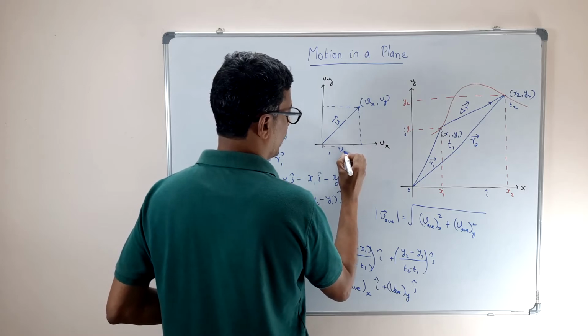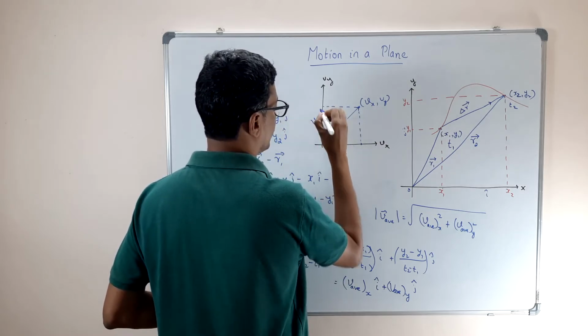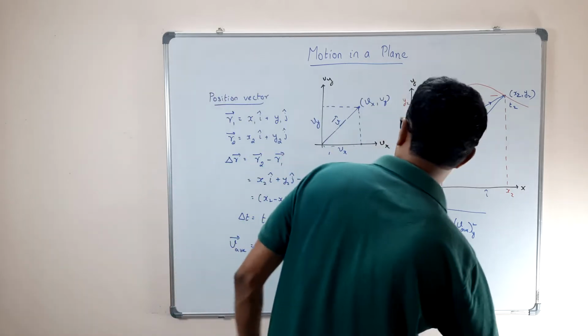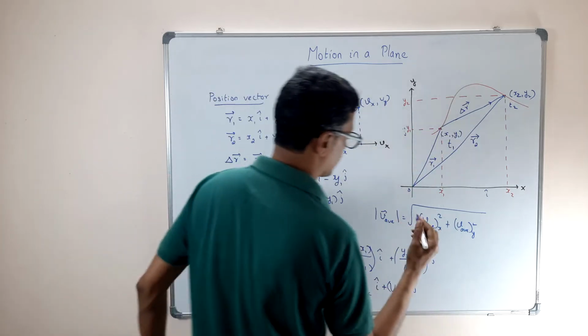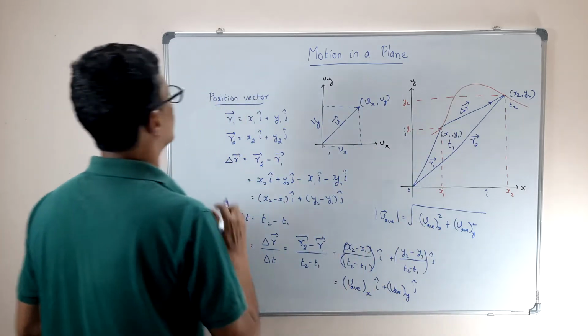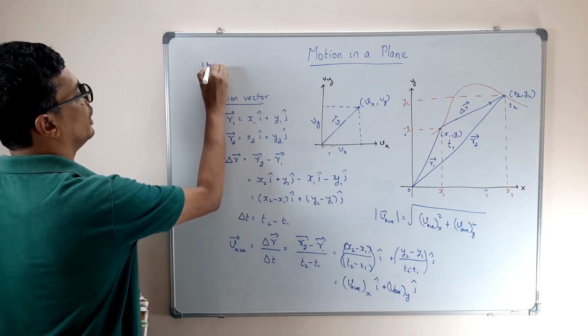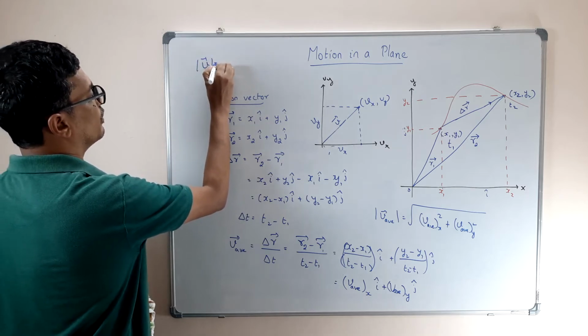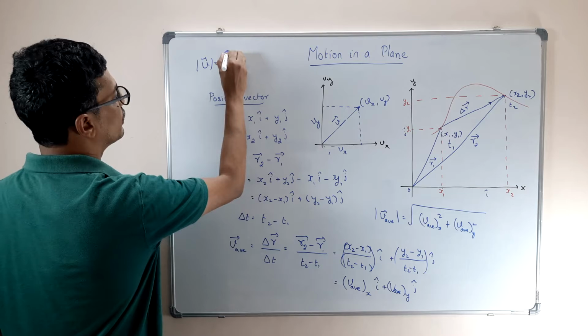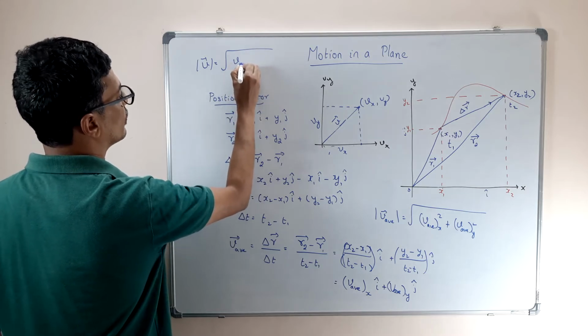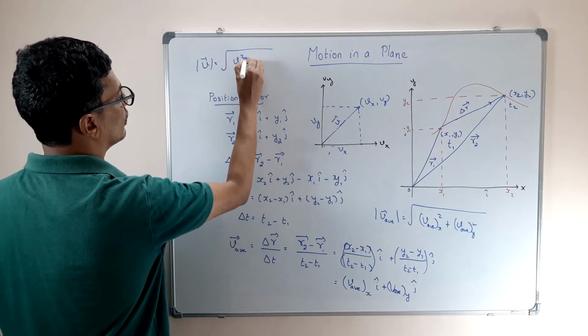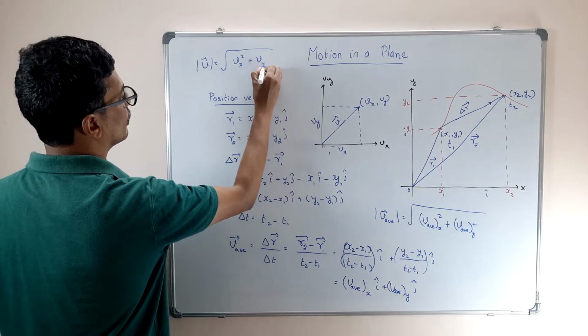So this is Vx, this is Vy. In that case, the magnitude of any such vector V will be what? Tell me, square root of Vx whole square plus Vy whole square.